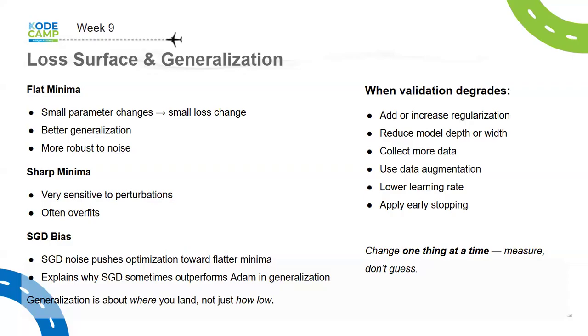But SGD does better. So if your validation loss begins to degrade, here are a few things you can do, which we have already talked about. You can increase regularization if you already had it. If you did not have regularization in your loss function, then add some regularization.